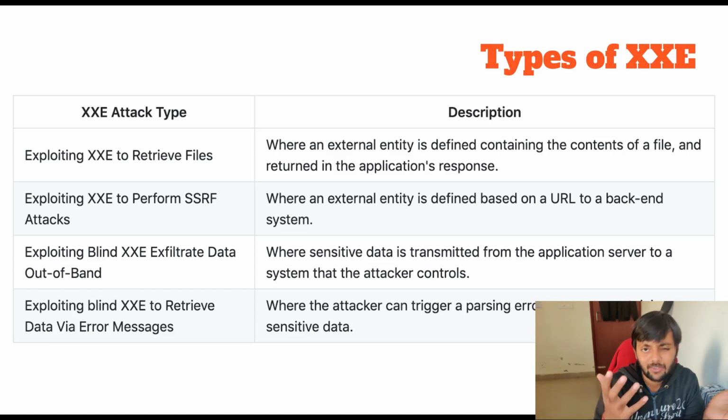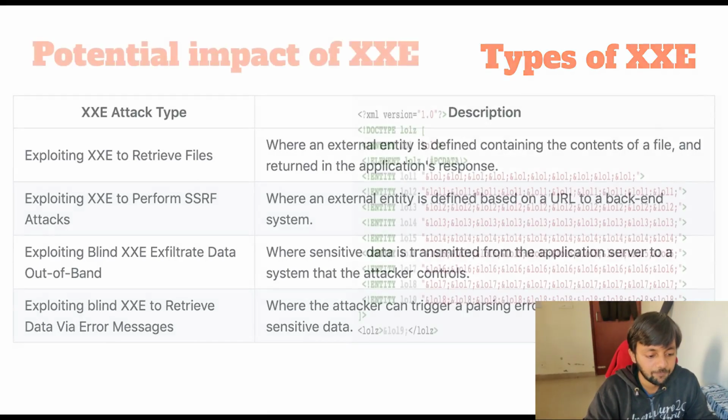The third one is for exfiltrating data using an out of band attack, which is kind of an advanced thing. And the last one is retrieving data via error messages. Sometimes you create an error and some data gets leaked into it, like your file path, the variables, or the debug logs. So these are the four types of XXE.